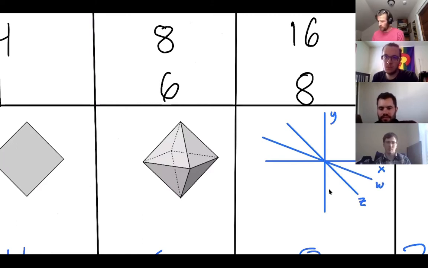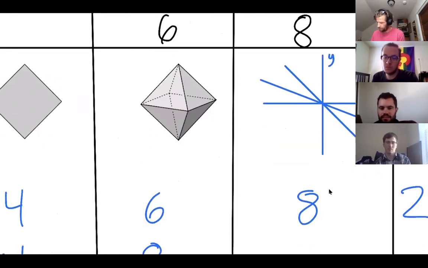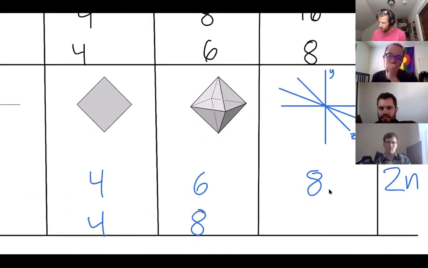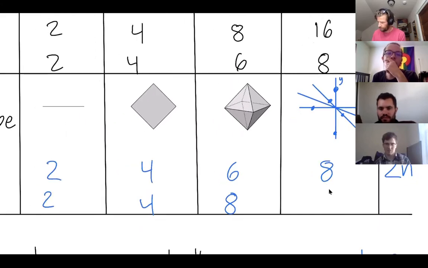Okay, so now I take the standard basis vectors and their negatives. Okay. Let me start just with the 3D picture.